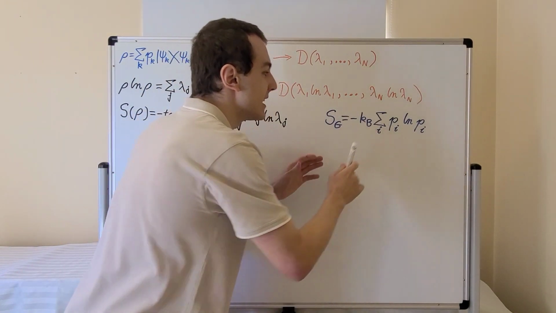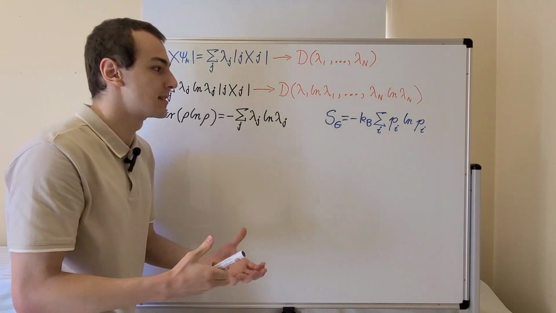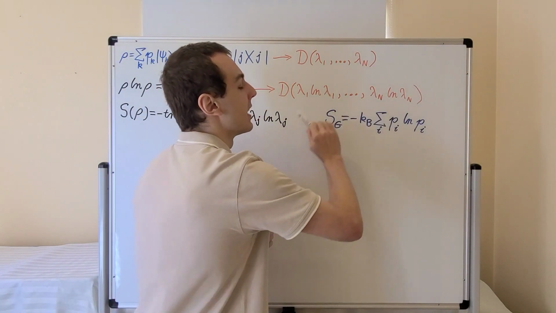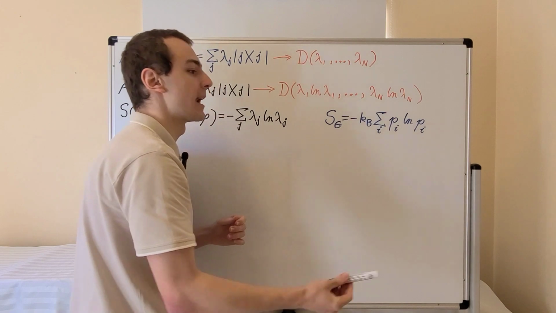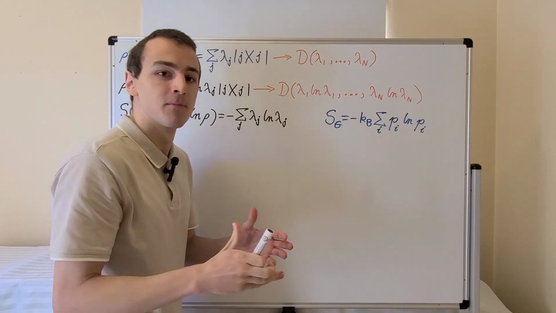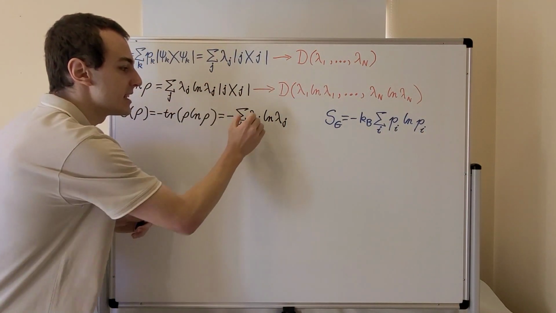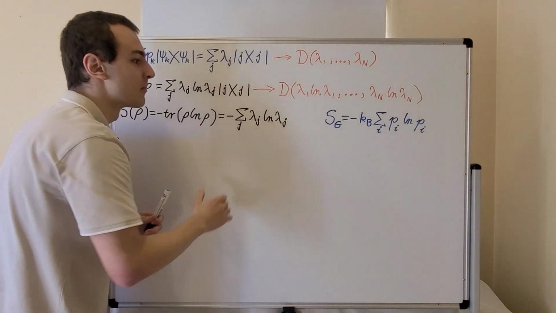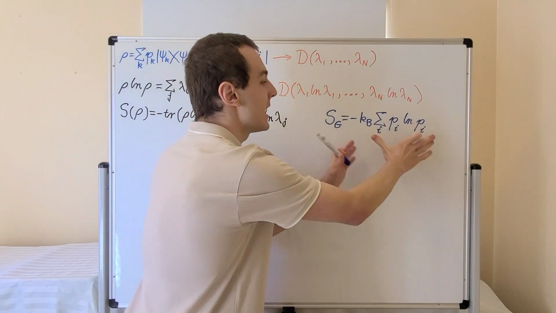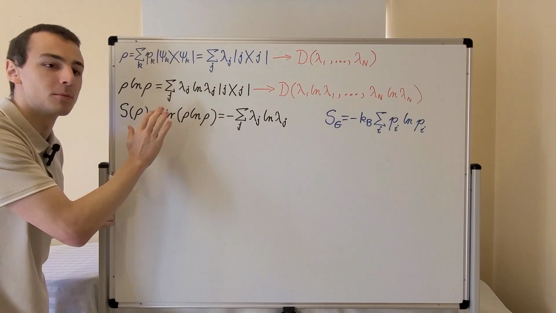So thermodynamics is explained by classical statistical mechanics. And that is where this quantity emerges, in classical statistical mechanics, where we're dealing with microstates and macrostates. So these probabilities over here are analogous to these lambdas, these eigenvalues. So this is how we go from classical statistical mechanics to quantum statistical mechanics.